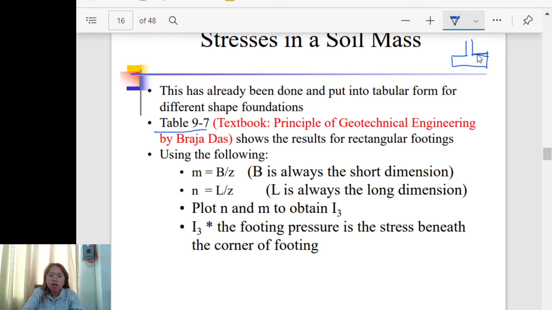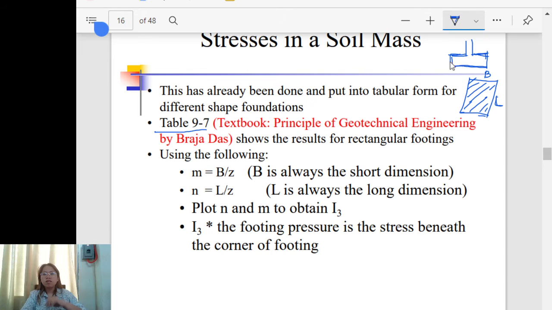If this is your footing, this is the side view. Say this is the top view of the footing. B is always your smaller side, the short dimension, and L is your longer dimension. This is the interface that touches the soil.